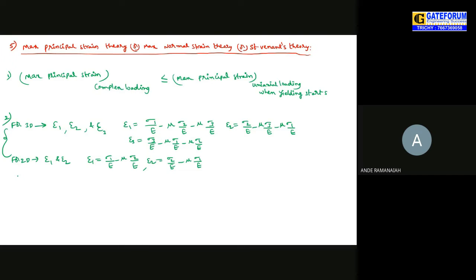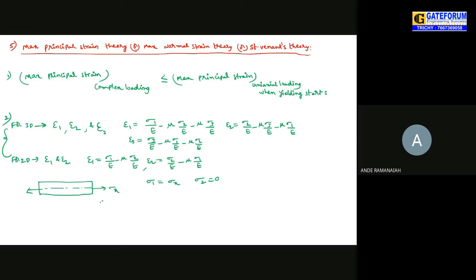For the right hand side term we have to conduct the tensile test, so we are applying only one stress in the x direction, that is sigma x. The principal stresses for this case are sigma 1 equal to sigma x and sigma 2 equal to 0. Now what are the principal strains in this case?